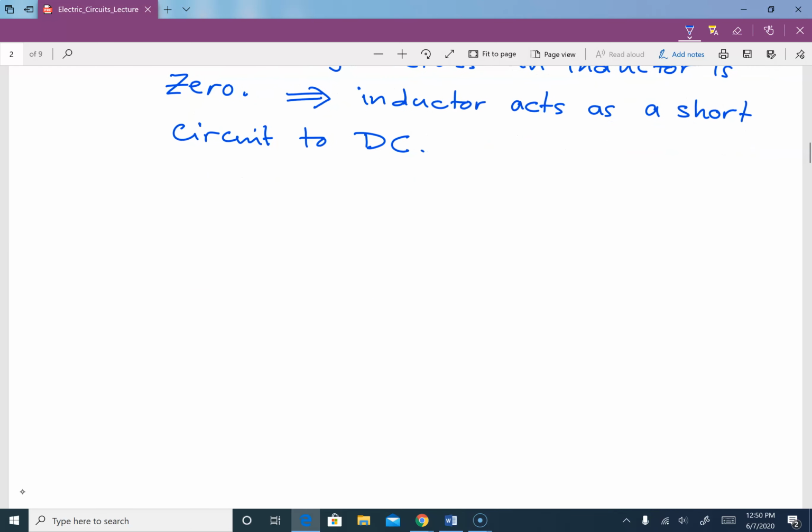So let us see how we can get a voltage waveform out of a current waveform for an inductor. So let us do this example.